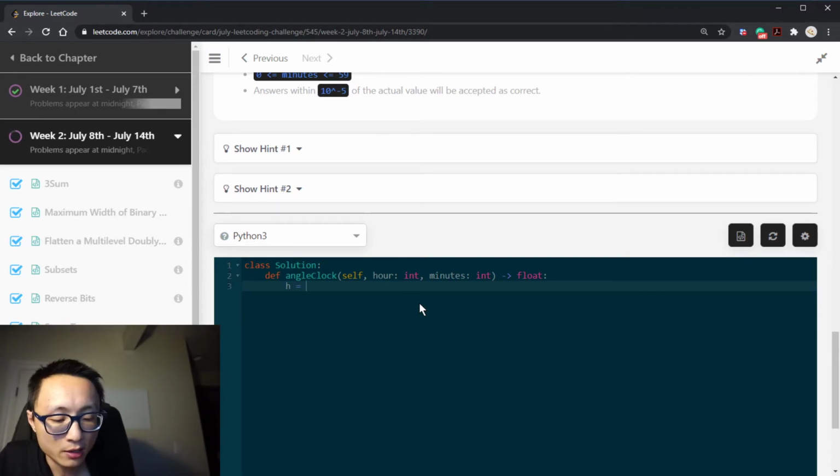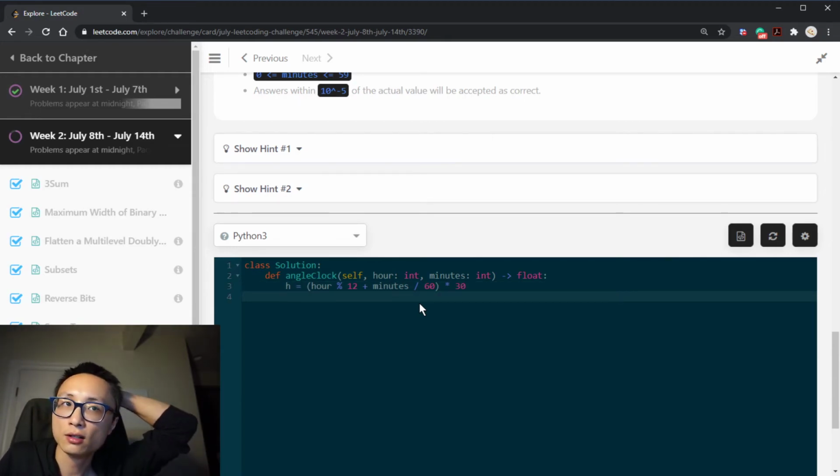So to calculate this first degree angle between the reference 12 o'clock and this hand here, it's going to be the hour modulo 12 plus the total number of minutes divided by 60. So we normalize this time in terms of hours and then multiply by the speed that the hour hand moves. So this is this one.